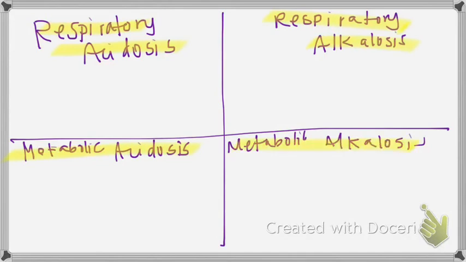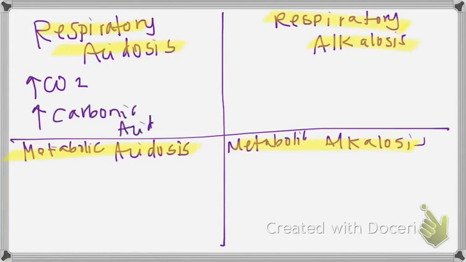Okay, so with respiratory acidosis, just think respiratory, thinking oxygen, CO2. So this is going to be increased CO2, increased carbonic acid. But you're not breathing well with this one. Acidosis, not breathing good.